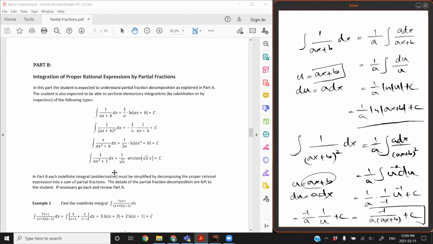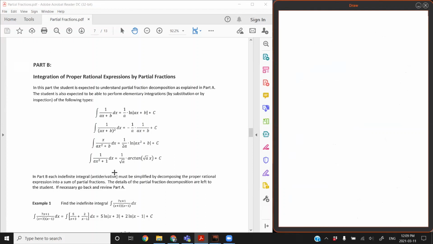The third one, so if one of those partial fractions has this form, x over ax squared plus b at the bottom dx, that would be a simple substitution again. You take u to be ax squared plus b, then du would be 2ax dx, and you would be missing 2a in the numerator.